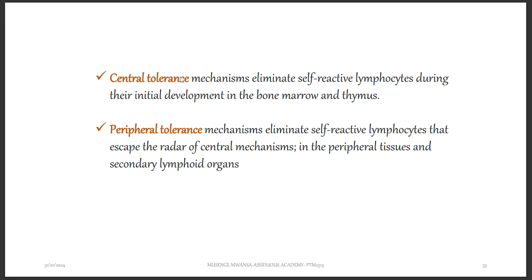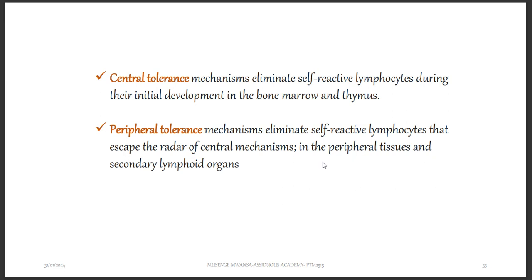Every time you're talking about central, it should be those T cells or B cells which are fighting our own antigens being killed in either the bone marrow or the thymus. That is central tolerance. But in case they escape and don't get killed in the bone marrow or the thymus, they end up going to other tissues, like the spleen and other regions, and start attacking our own antigens.